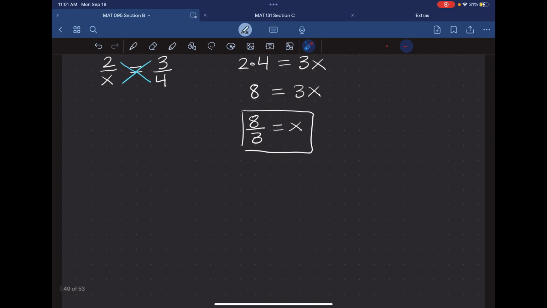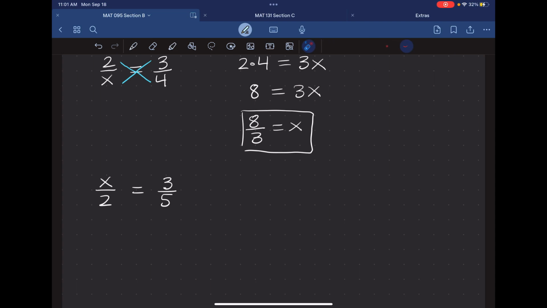So to do that, I'm going to use another example that might feel a little more intuitive. Say I take x over 2 is equal to 3 over 5. Now, instead of looking at this as a proportion and thinking proportion means cross multiply, look at this as solving a linear equation.